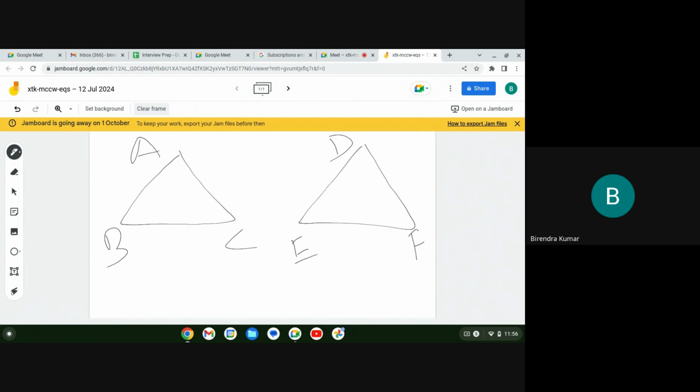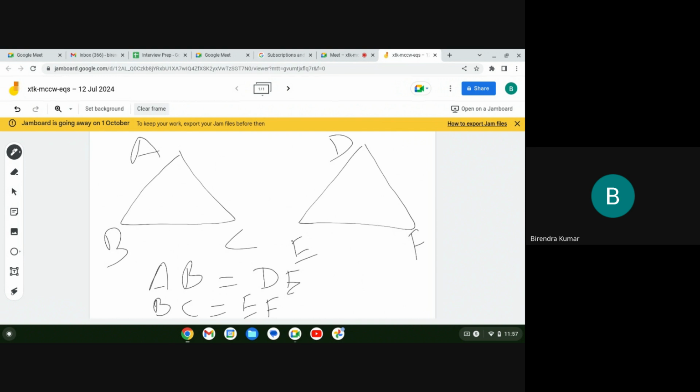What the theorem says is, let's say AB is equal to DE. This is what is given to us. And second one is, let's say BC equal to EF.